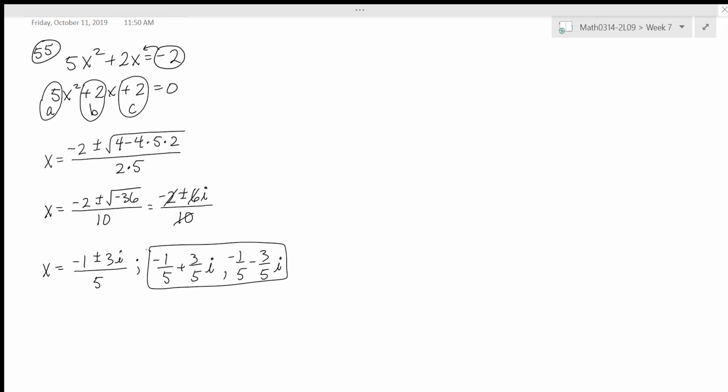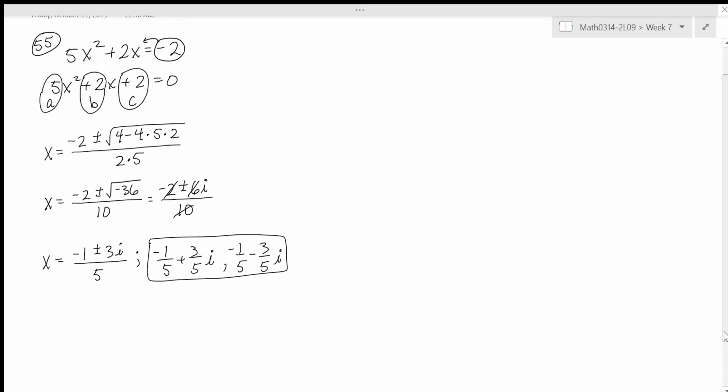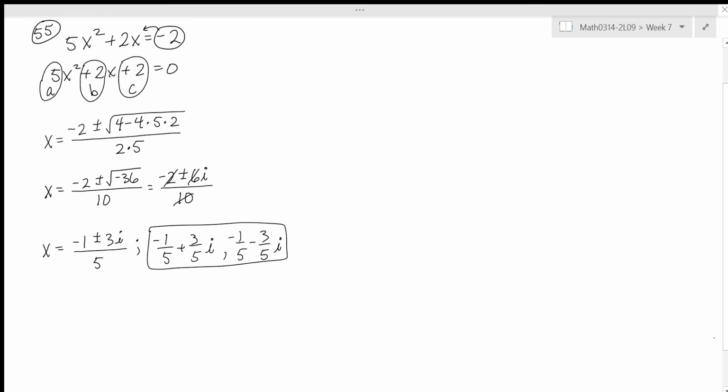Then one is plus and one is minus, okay. Right, because the 3I gets to be plus and minus. But the 1/5 is negative 1/5 both times. Anybody have any questions about that?